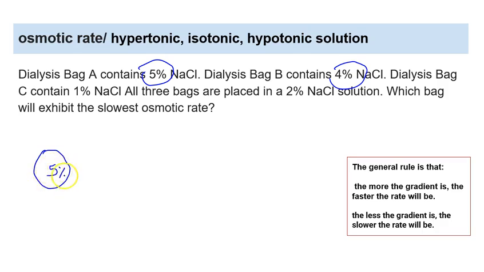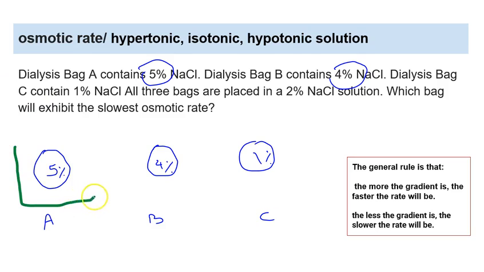And we place them inside of a solution which has 2% NaCl.